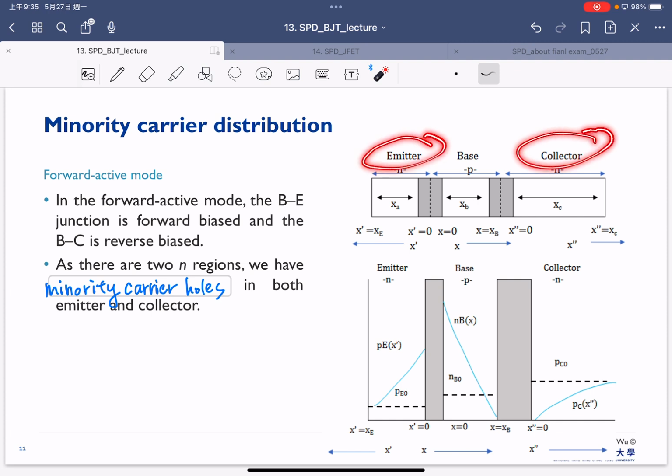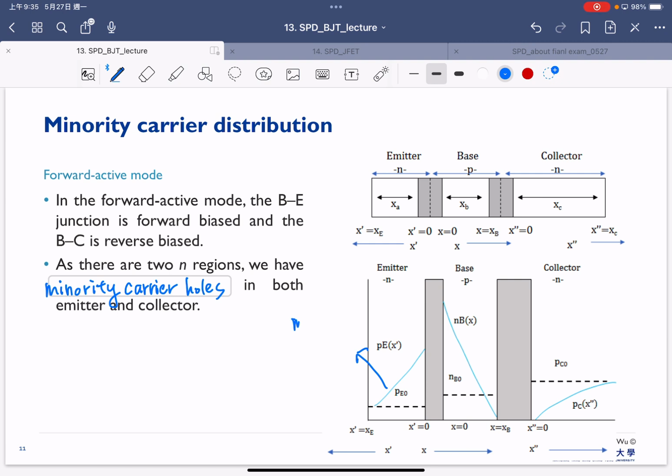That's why last time we already drew this minority carrier distribution in the emitter and collector, where the distribution is related to the minority holes.